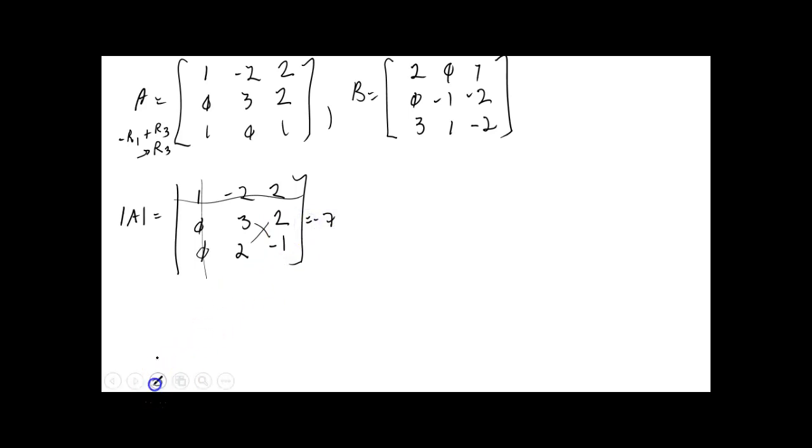Okay. Actually, I should have had this being a straight line rather than a bracket. Okay. Negative 7. That's the determinant of A.